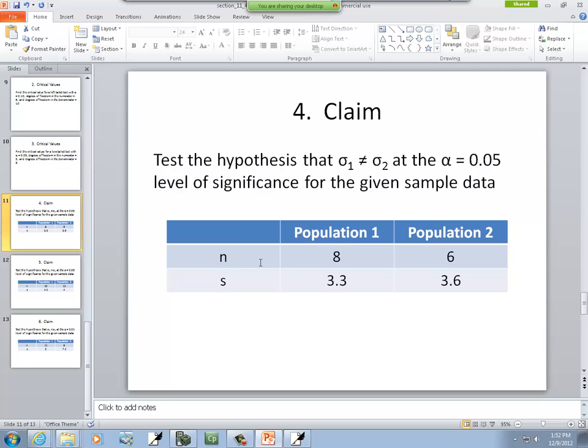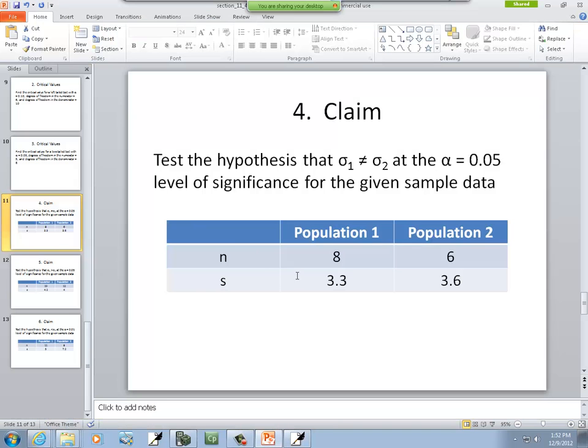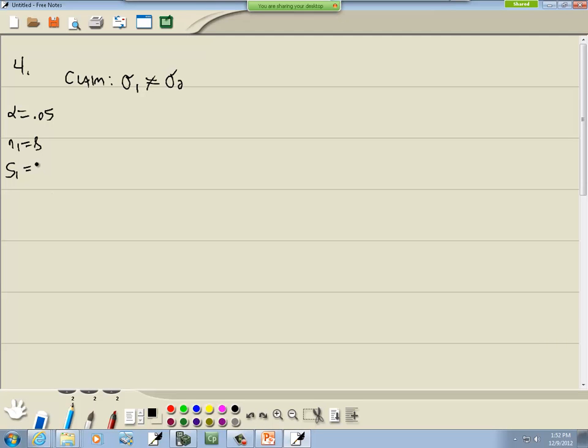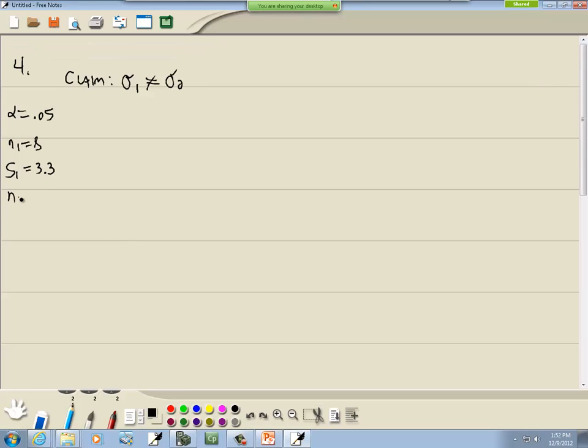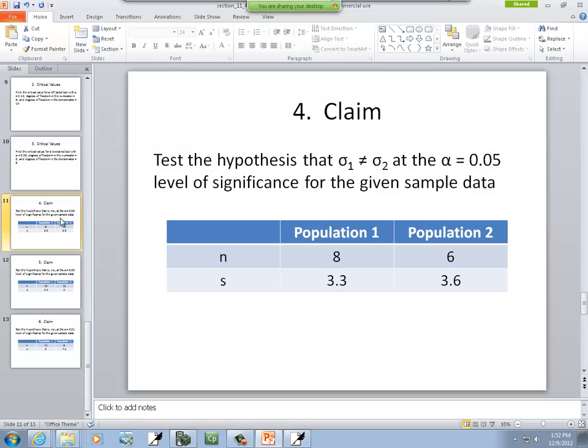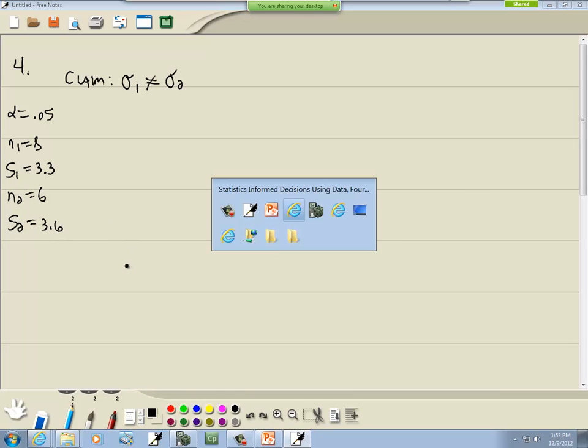For the first population, N1 is 8 and S1 is 3.3. For our second population, the sample was 6, so N2 is equal to 6, and S2 is 3.6. Okay, so that's the information they give us.